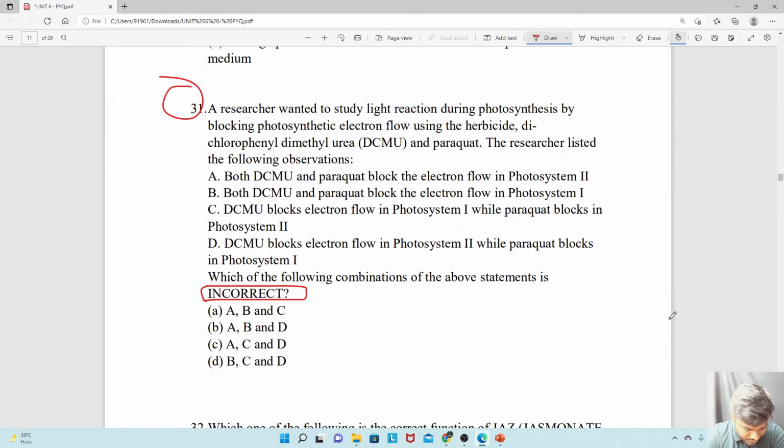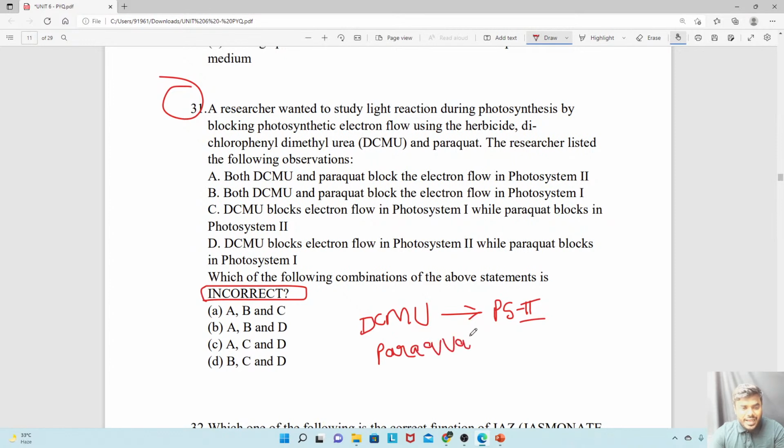So fast. 31. Friends, all the students, listen, remember this all the time. DCMU basically blocks photosystem 2, whereas paraquat can block photosystem 1.